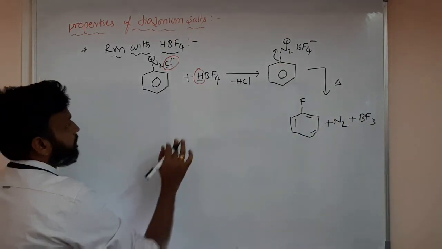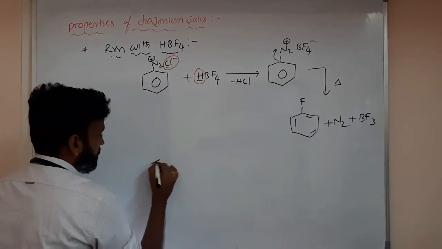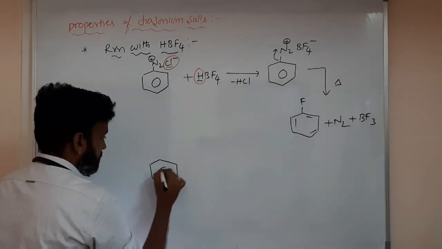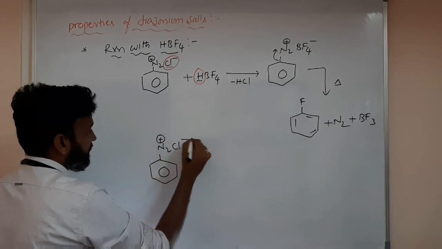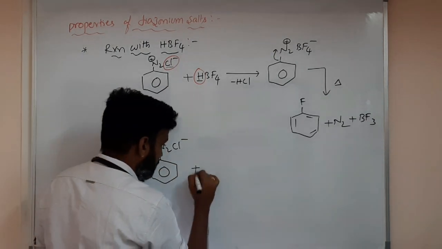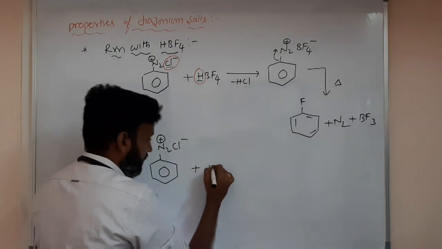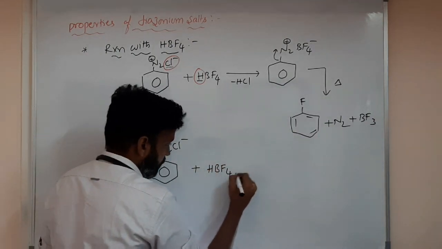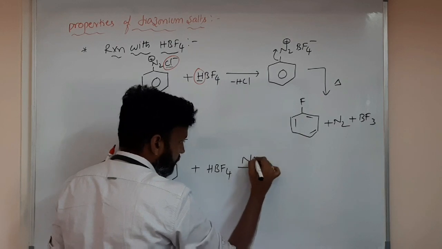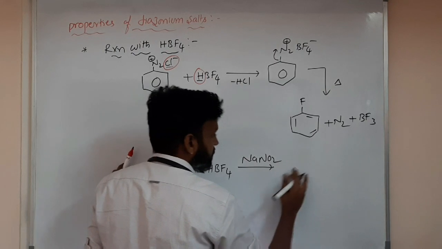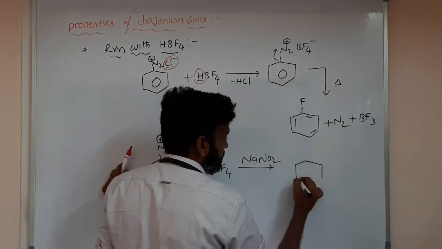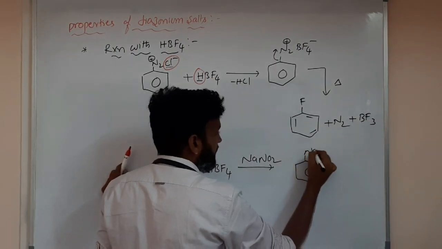Same for this reaction: C6H5N2+ Cl- when reacted with HBF4, and on the arrow if they give NaNO2, it is not fluorobenzene. You will get C6H5NO2, nitrobenzene.